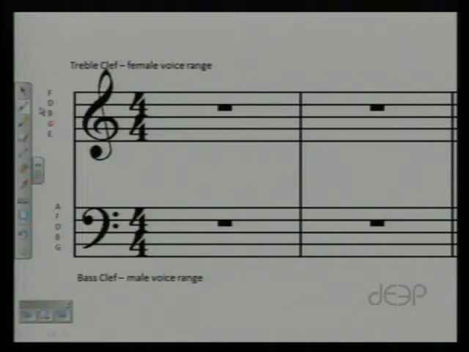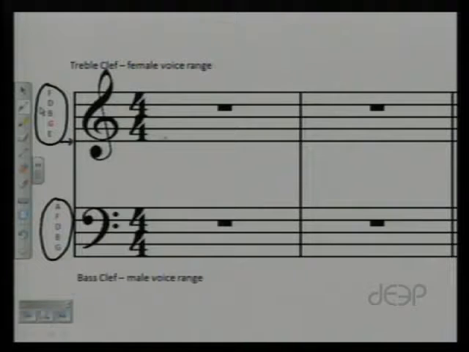Now, I have indicated over on the left-hand side the names of the lines in the treble and bass clef. You'll notice on the treble clef side that the lowest line is E. That's this one right here.